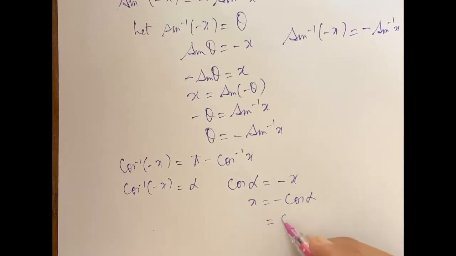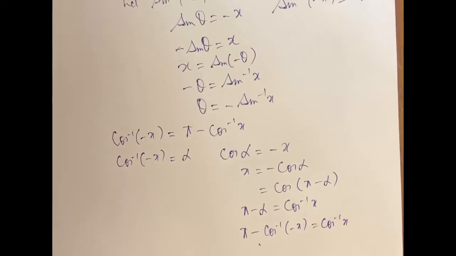This can be written as cos of pi minus alpha, so pi minus alpha is cos inverse of x. So this gives us cos inverse of minus x as pi minus cos inverse of x.